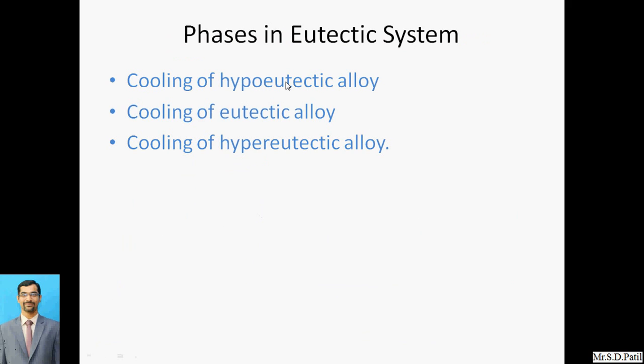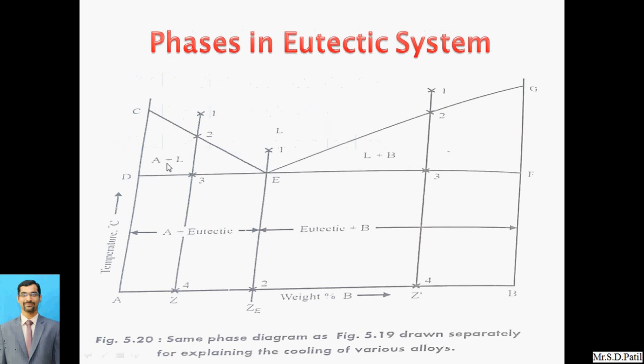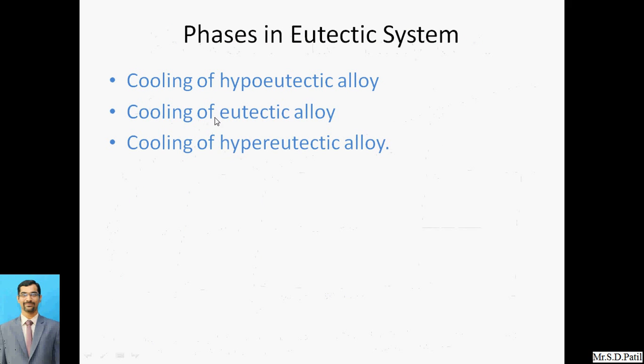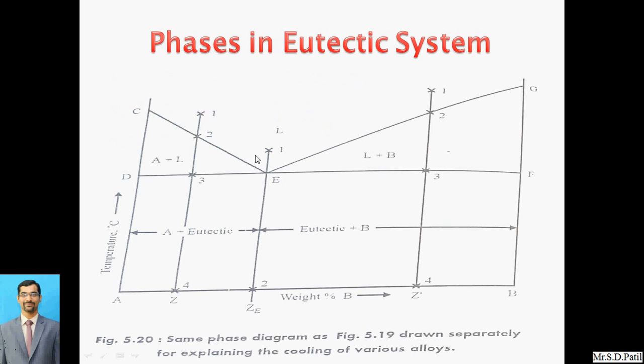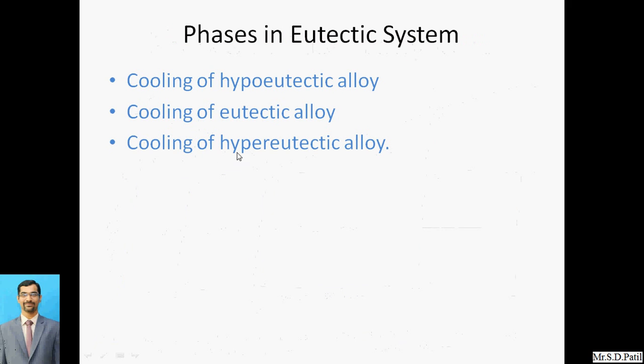First is the cooling of hypoeutectic alloy. This section is called hypoeutectic. Second is the cooling of eutectic alloy, that is nothing but this particular line. And third is the cooling of hypereutectic alloy. Here is the hypo, here is the hyper, so the only difference is that.